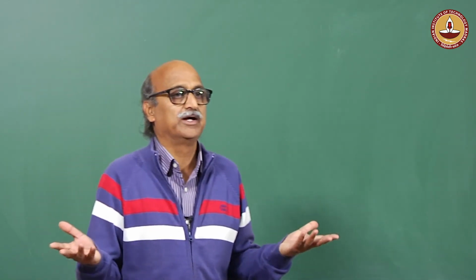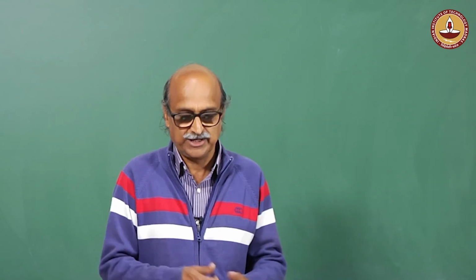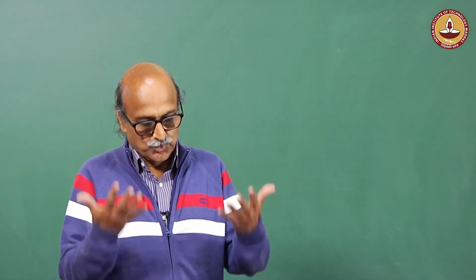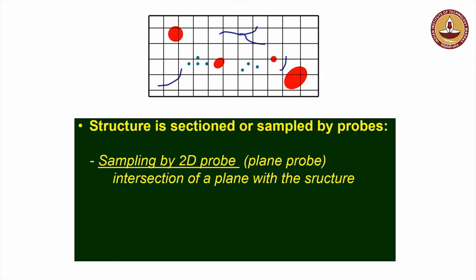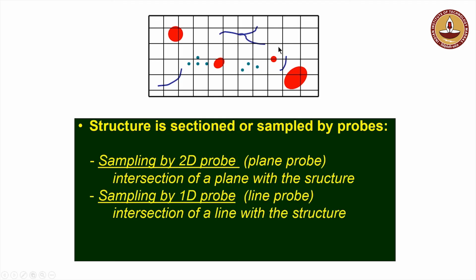Now, what is sampling by a 1-dimensional probe, or a line? On this 2-dimensional probe, if I put, for example, this grid of horizontal and vertical lines, then this is sampling the structure by these lines. These lines are simply called a line probe, and if you take any one particular line, one can look at the intersection that the line makes with the geometrical features of the structure.